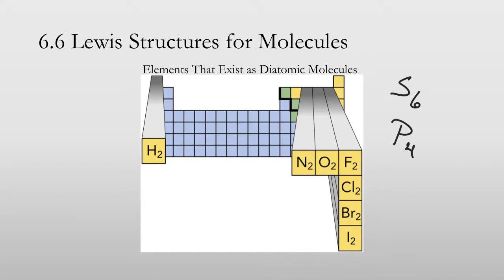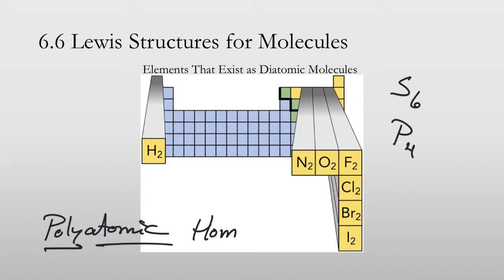These are the only ones out of all 118 elements that we know of that actually are polyatomic homonuclear molecules. So meaning they have the same nucleus, homonuclear, and they have polyatomic, more than one atom.